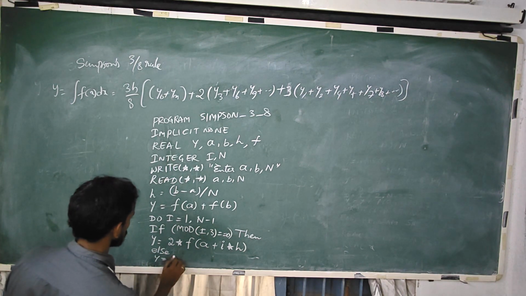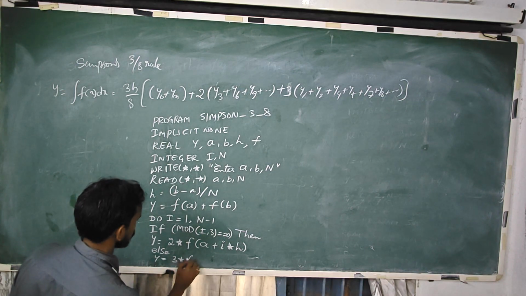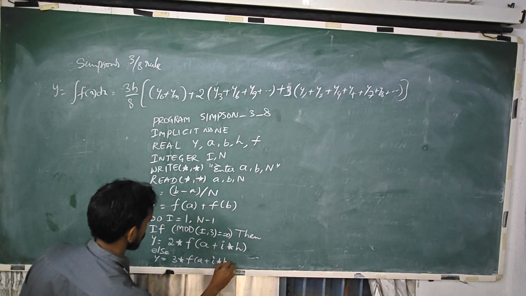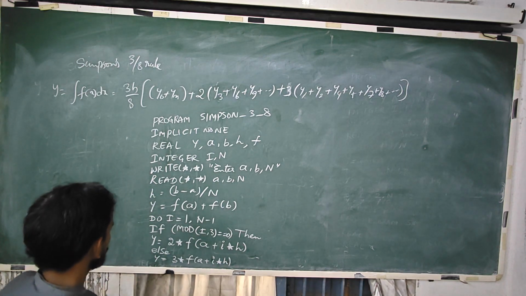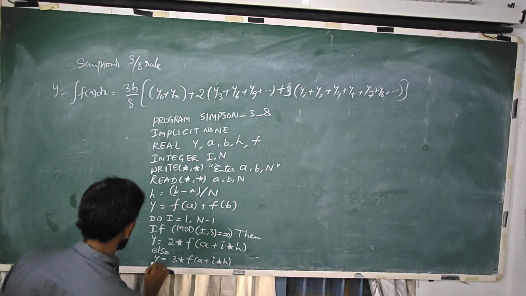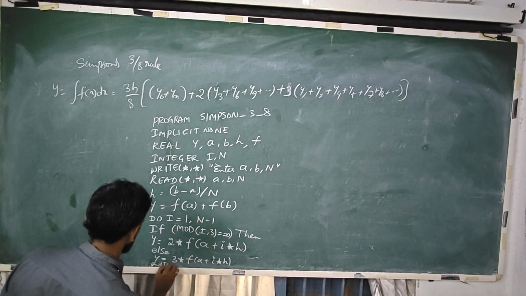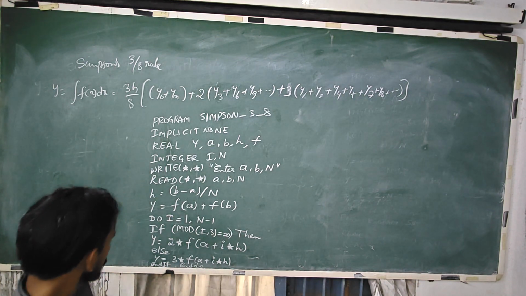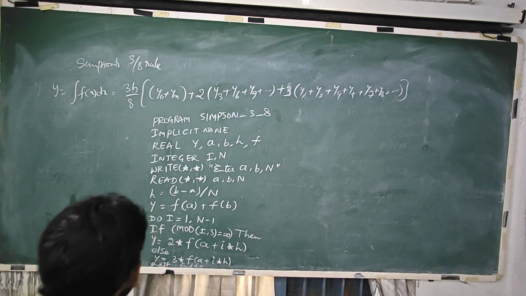Else y is equal to 3 star f of a plus I h. And end if. That end if comes in the next line.